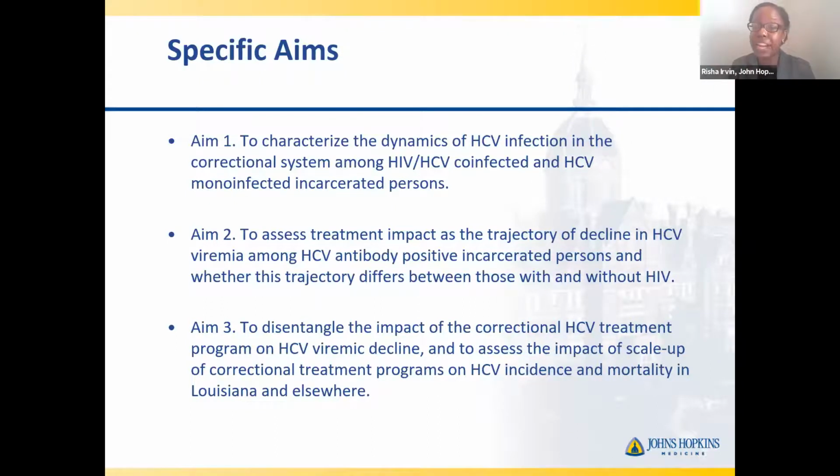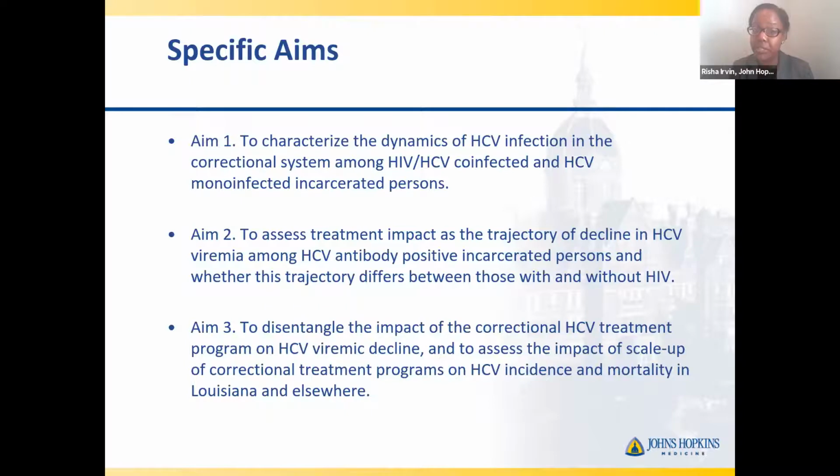Aim 1, to characterize the dynamics of HCV infection in the correctional system among HIV/HCV co-infected and HCV mono-infected incarcerated persons. Aim 2, to assess the impact of treatment as the trajectory of decline in HCV viremia among HCV antibody positive incarcerated persons, and whether this trajectory differs between those with and without HIV.